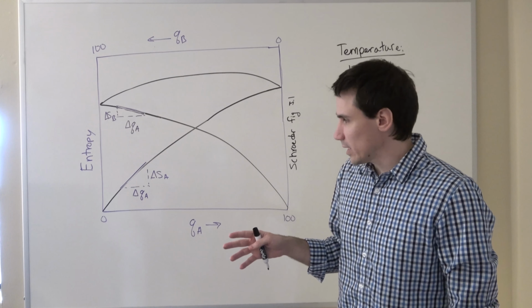So if we know entropy A and entropy B, we add them together and we get the total. Okay, what we want to think about now is how does the entropy change as we trade energy back and forth between box A and box B?